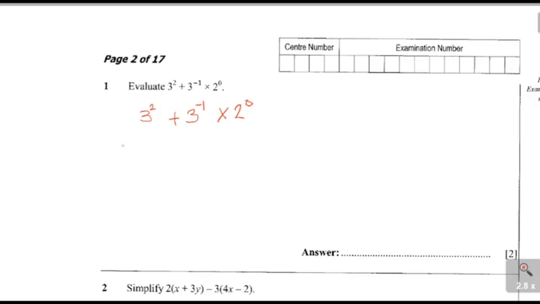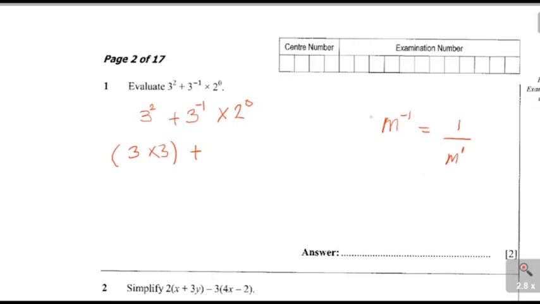Here, 3 raised to the power of 2 means 3 times 3. Then we add plus. Now this one, 3 raised to the power of negative 1. Under the rules of indices, m raised to the power of negative 1 can be written as 1 over m raised to the power of 1.